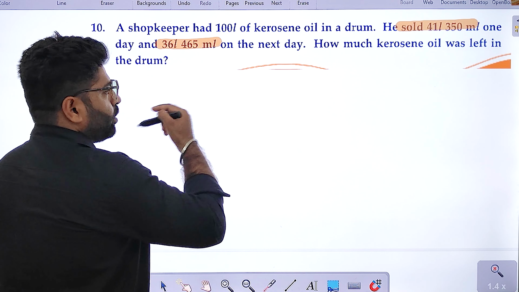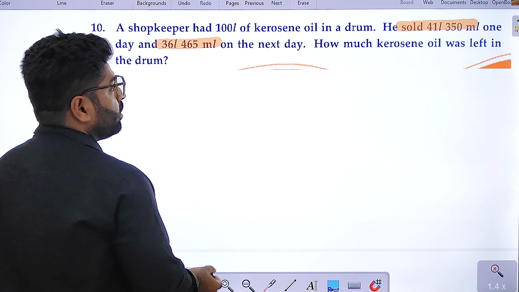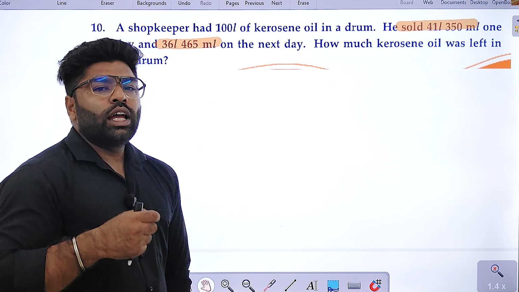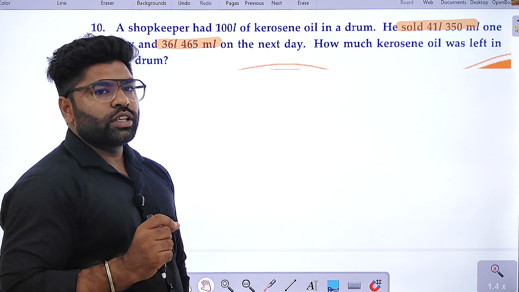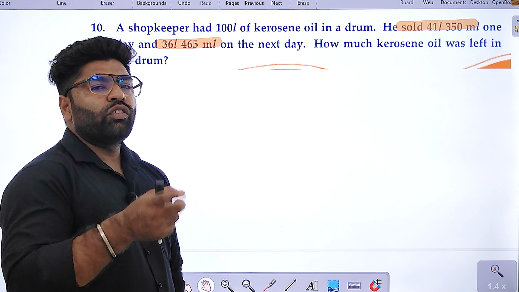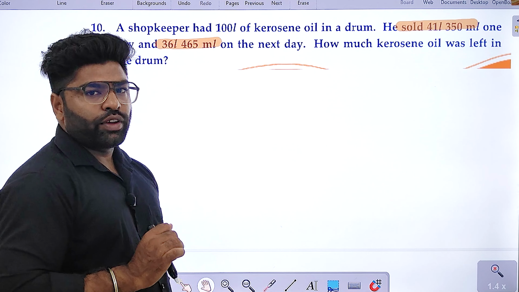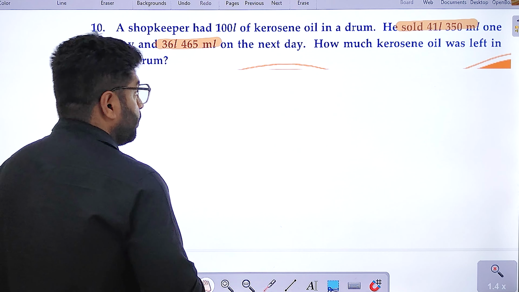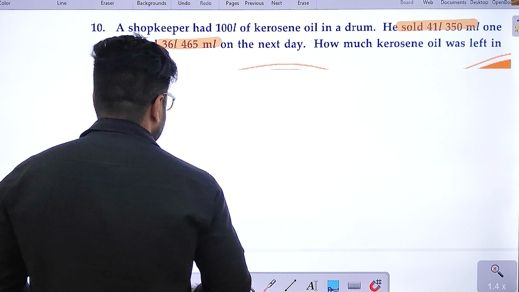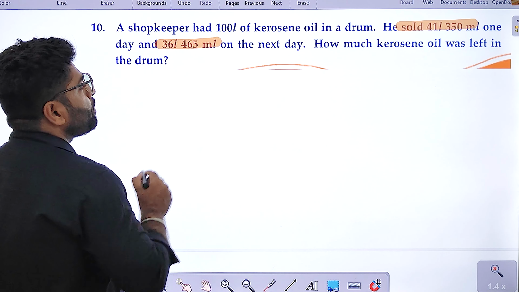So we are going to start our statement. First we are going to add the quantity of kerosene sold, then we have to subtract it from the total quantity of kerosene oil. And we will have our required answer. So let's start.